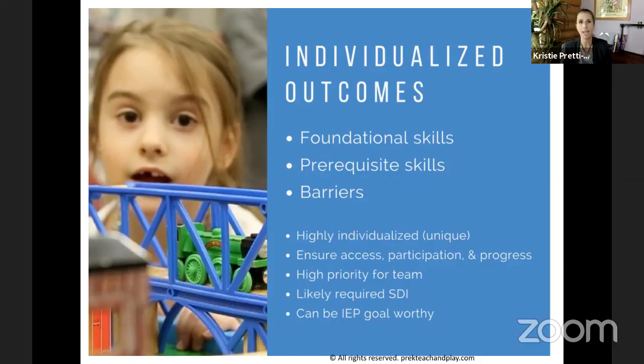But what I mean by individualized outcomes are when children need us to teach them foundational skills, prerequisite skills, or to remove barriers. Now, a couple of caveats. Prerequisite skills. Yes, there are certain skills kids need before they can do more complicated skills. But we do not teach earlier skills earlier in life because someday you're going to need later skills.